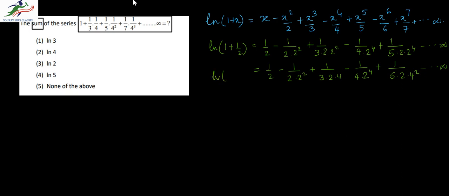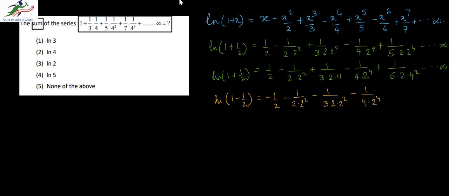This is ln of 1 plus half, and ln of 1 minus half can be written as minus half minus 1 by 2 into 2 square minus 1 by 3 into 2 into 2 square minus 1 by 4 into 2 to the power 4 minus 1 by 5 into 2 into 2 to the power 4, all the way up to infinity.